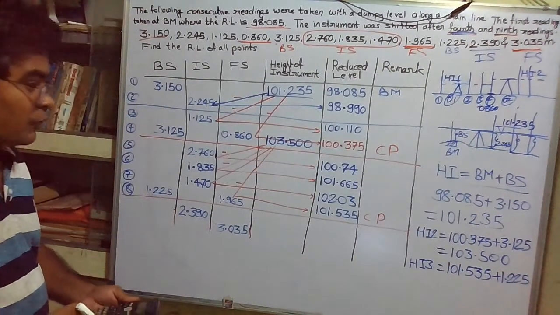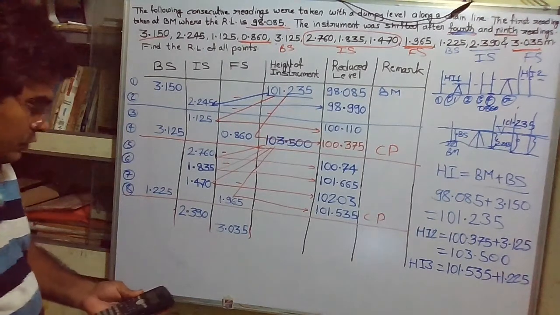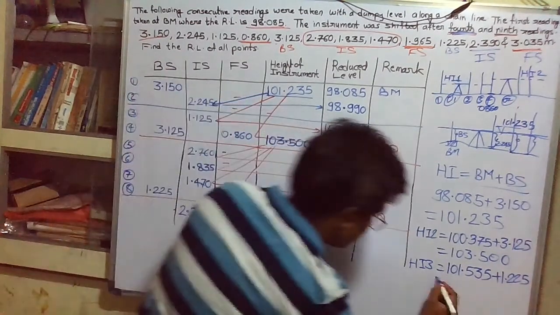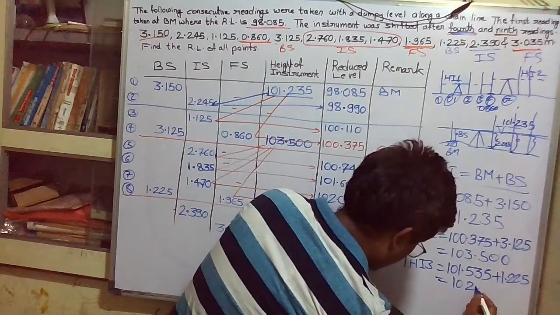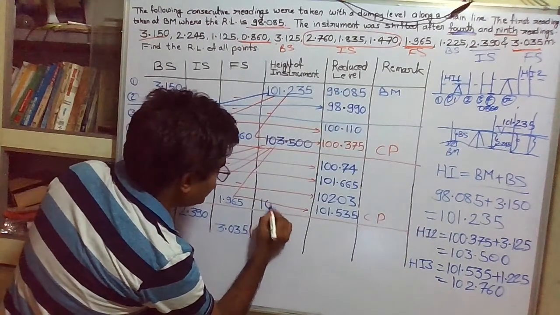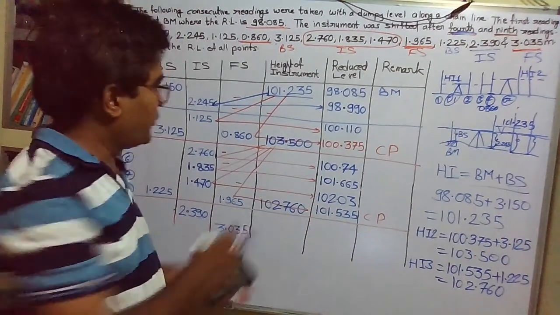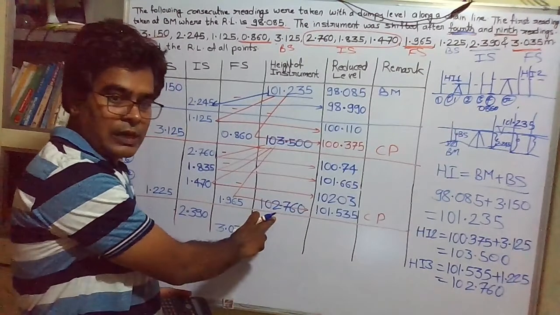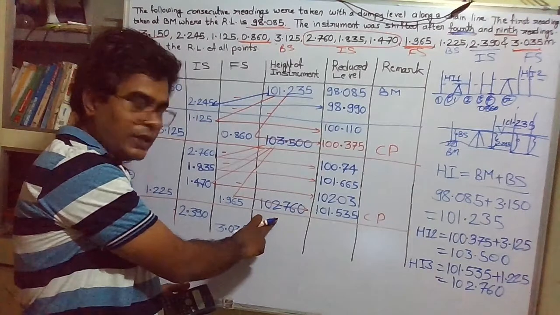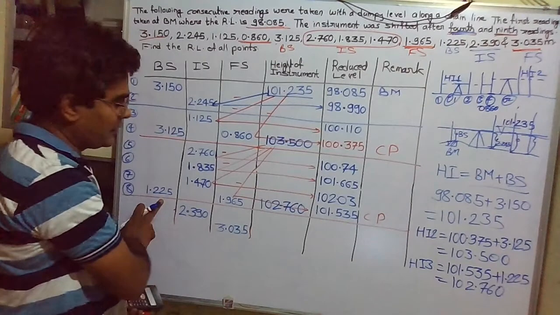So 101.535 plus 1.225, our new HI is 102.760. Got it? Similarly, how do we calculate HI here? In the same way. How do we calculate the new HI at the change point? The RL of the change point plus backside reading.